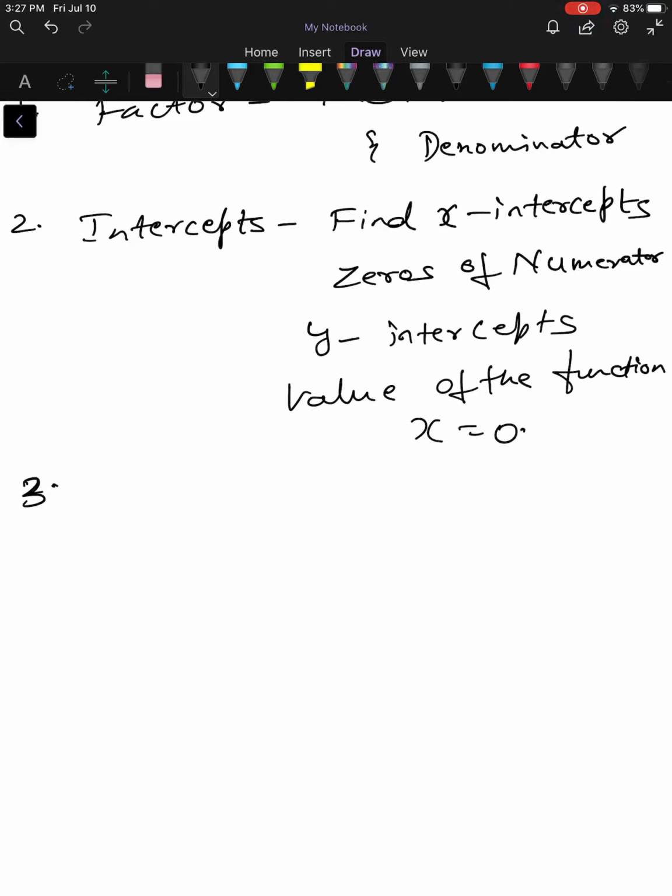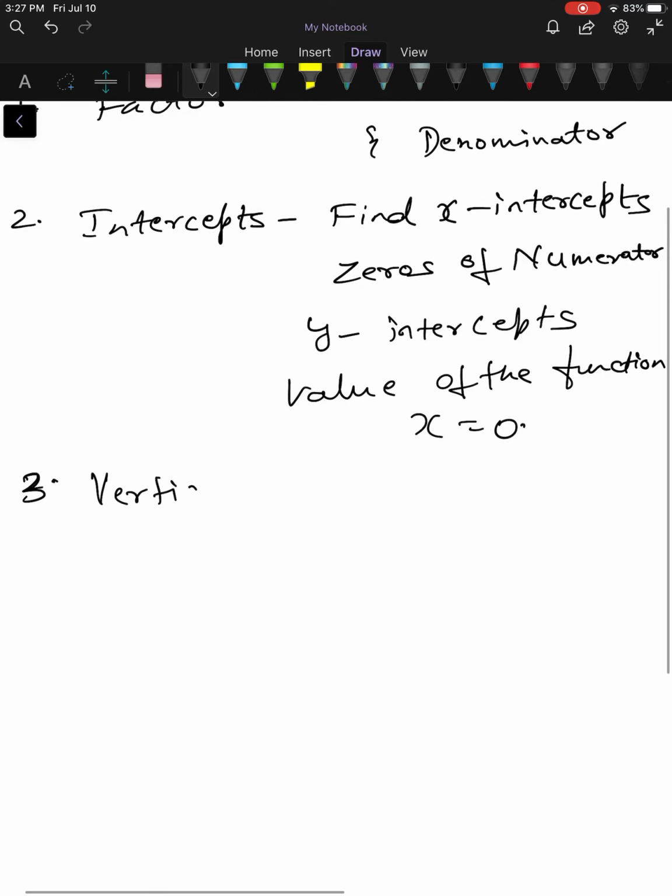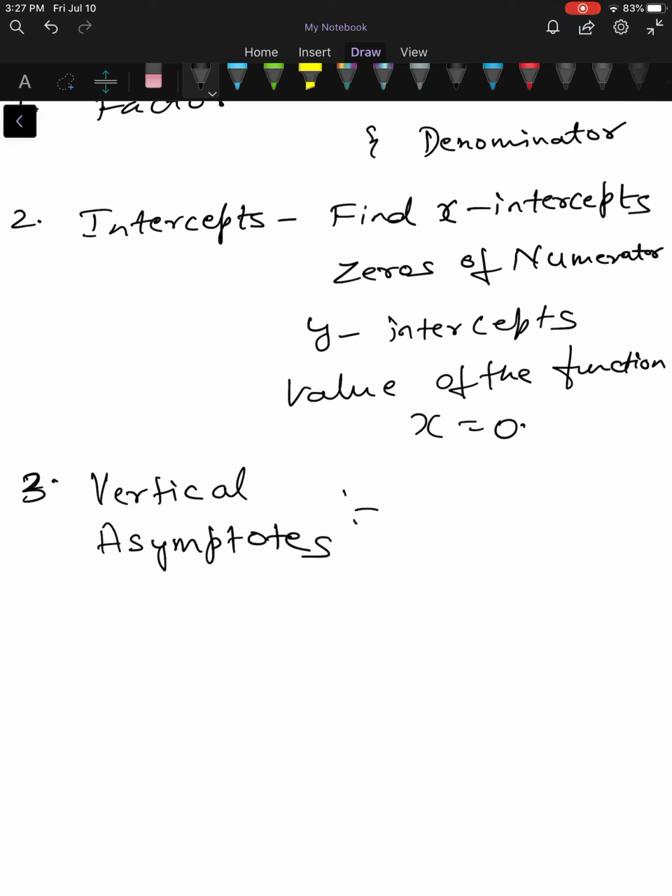The third step is vertical asymptotes. In the previous video we learned how to find the vertical asymptotes. How did we find them? By determining the zeros of the denominator, right? Or you can also use test values, like a table of values.